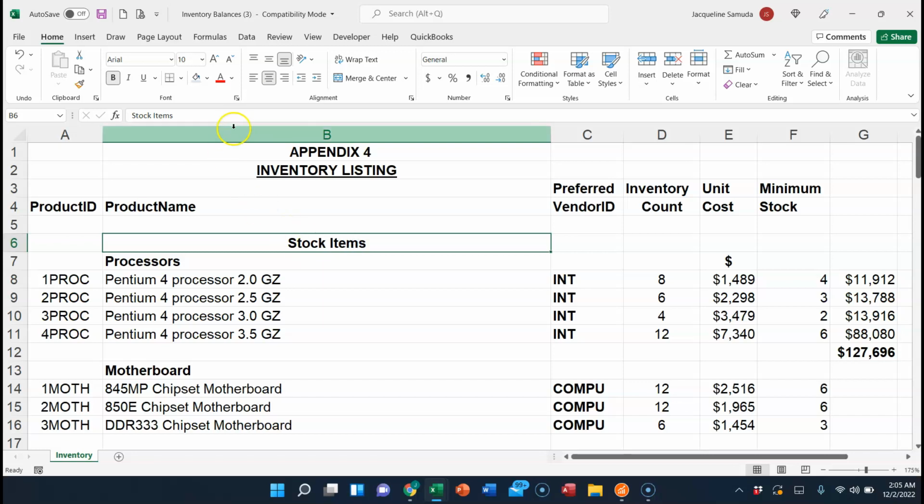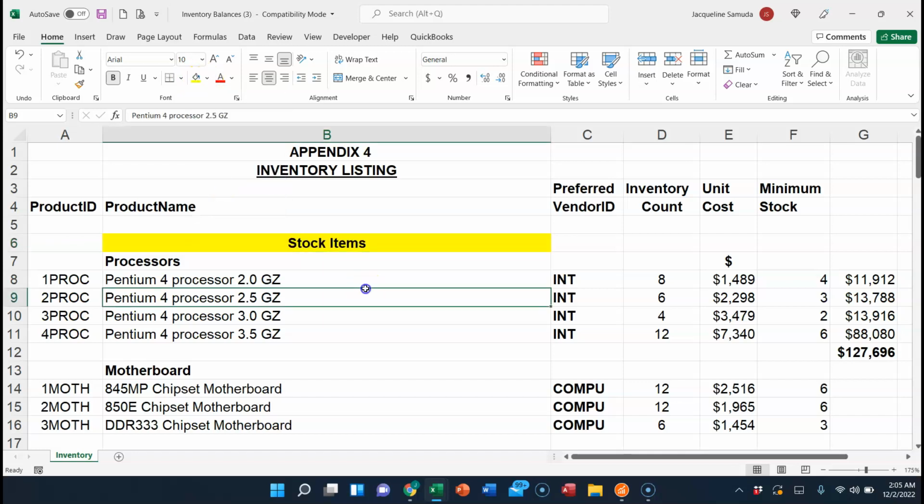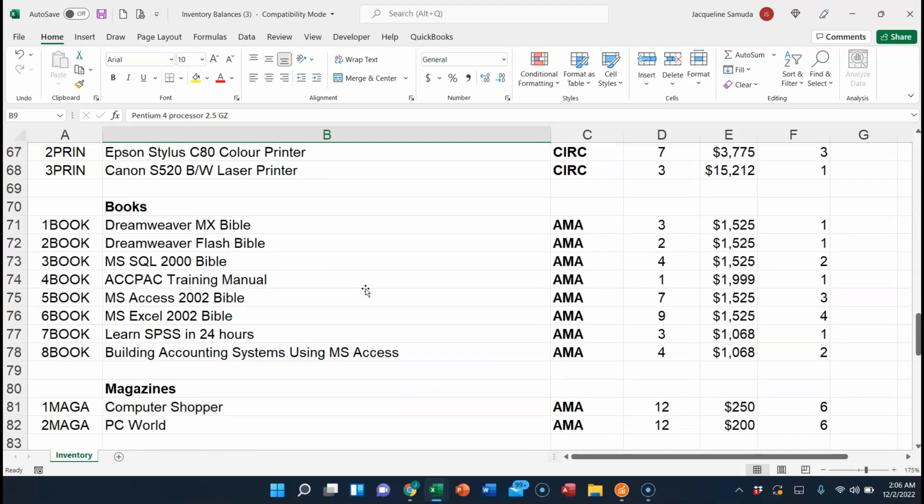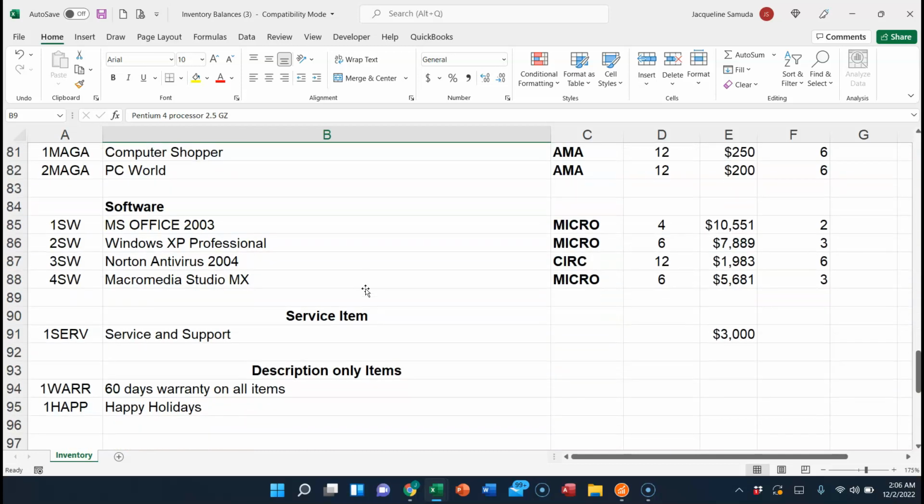Now, the other thing I wanted to highlight is that you have three different categories of things, and I'm going to call it things, on your Appendix 4. Now, the bulk of them are stock items, and these will go in the inventory section of Sage. But then I have two other interesting groups, and I'm scrolling down to them.